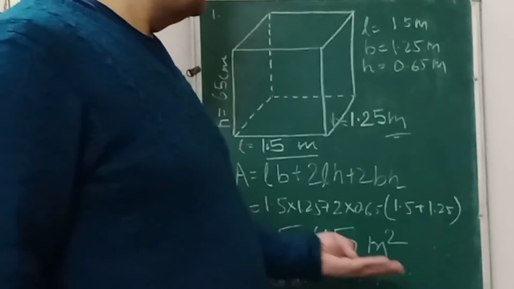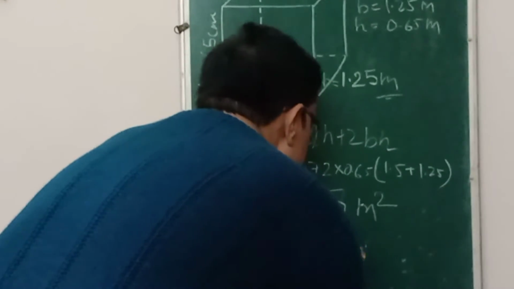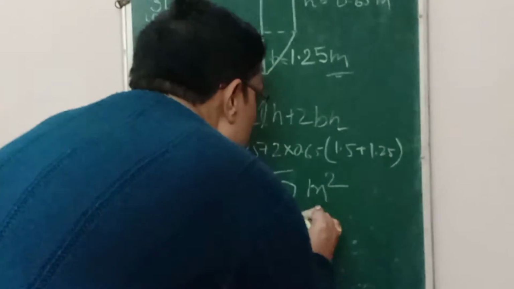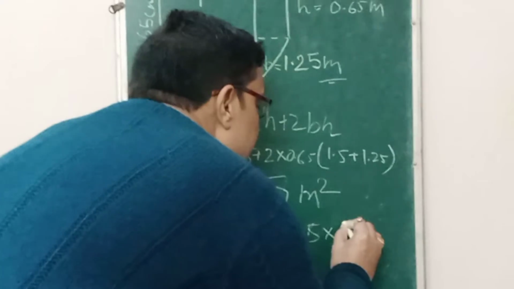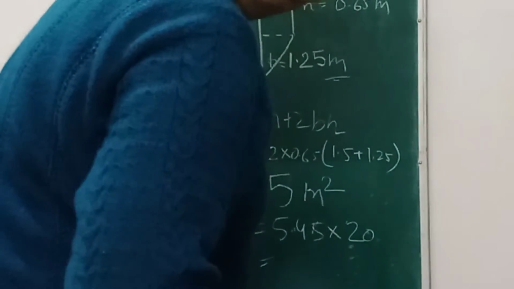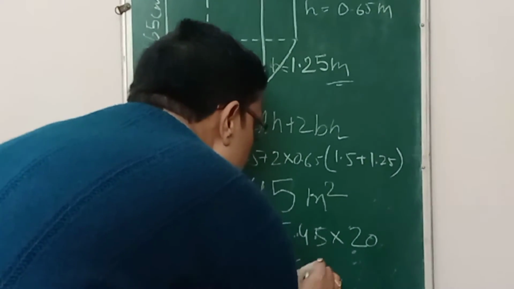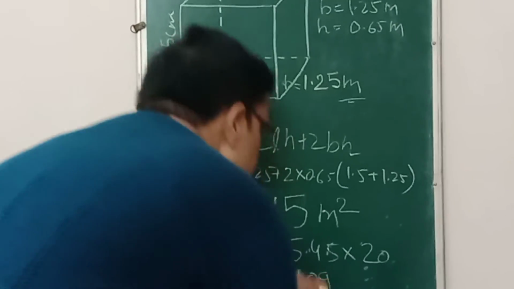So we need to multiply this 5.45 with the cost of 1 meter square, that is 20, and we get this as 109 rupees.